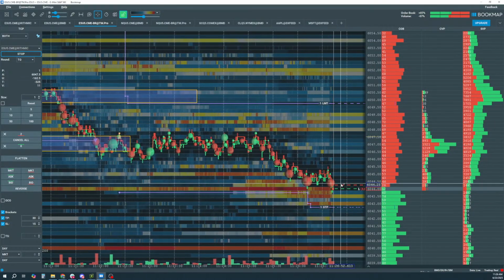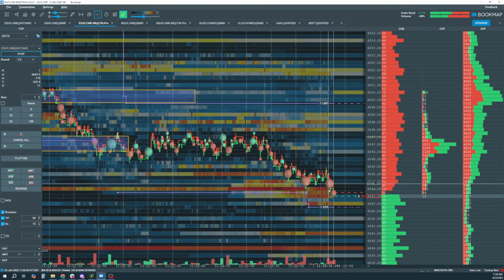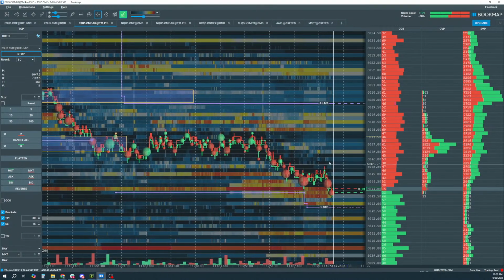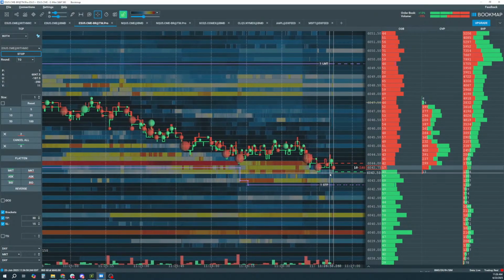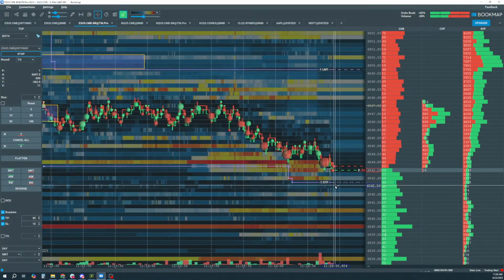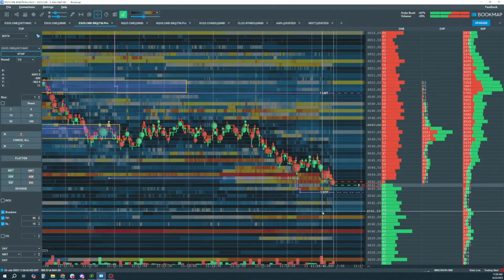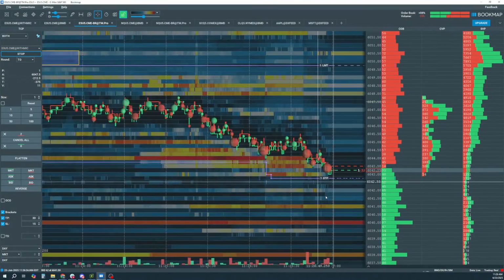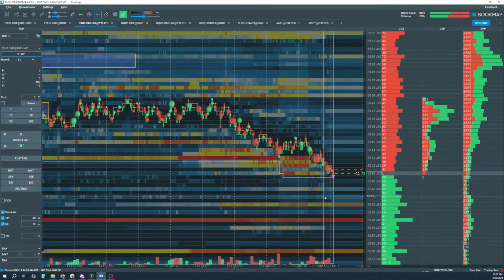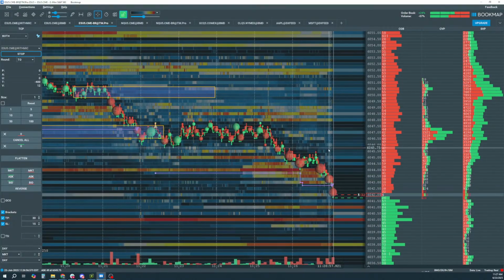No, sellers are moving it, so they're able to drop and make lower lows here. All right, so we're out.